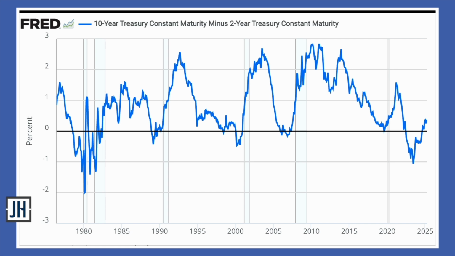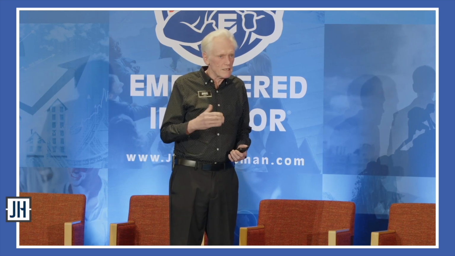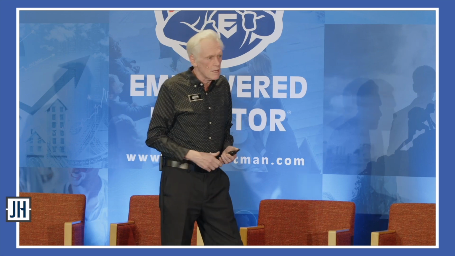But this is the 10 minus the 2, and whenever investors are demanding more yield for loaning their currency to the government for a short period of time, 3 years, 2 years, 3 months, than they are willing to receive for loaning it for 10 years, 20 years, 30 years, that's an inversion.